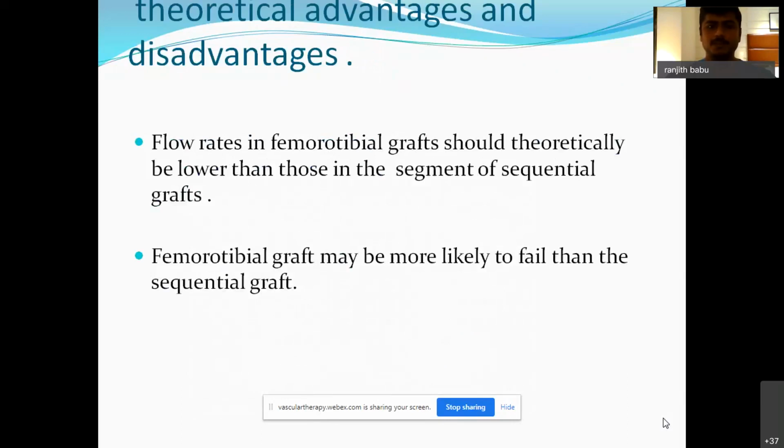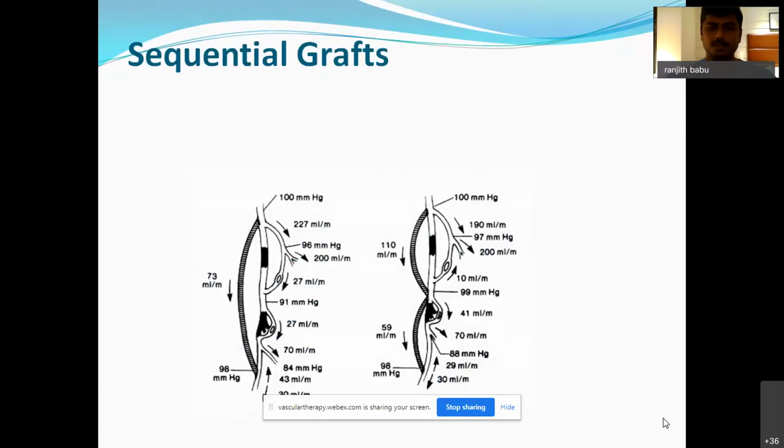If you're doing a femoral to tibial bypass, theoretically the flow rate will be lesser than the sequential bypass. So the direct femoral to tibial bypass is more likely to fail due to the reduced flow. But at the same time, the advantage of the femoral to tibial graft is that some component of the blood in the sequential bypass gets ligated to the proximal side, so there will still be some flow that may occur. It does not occur in the direct bypass.